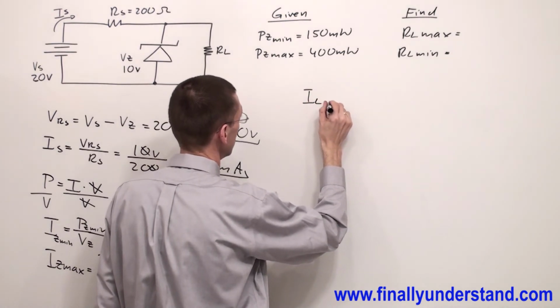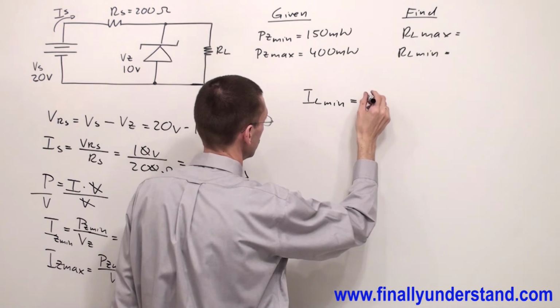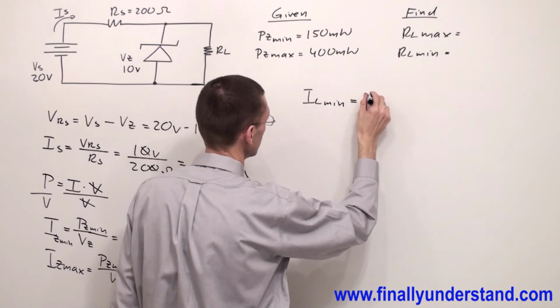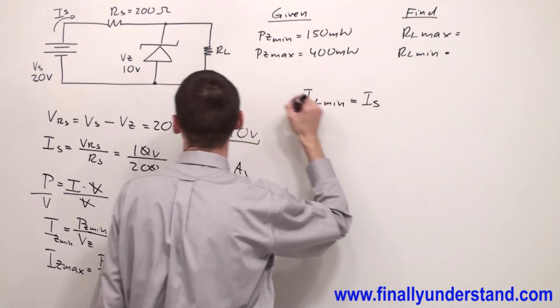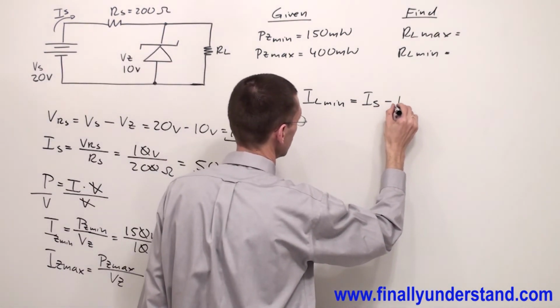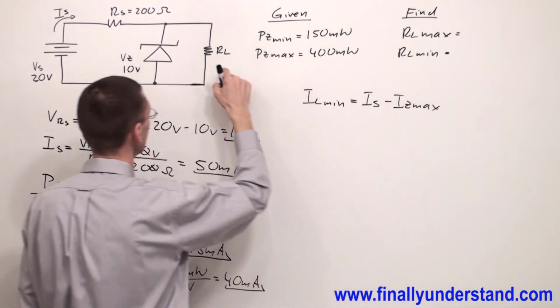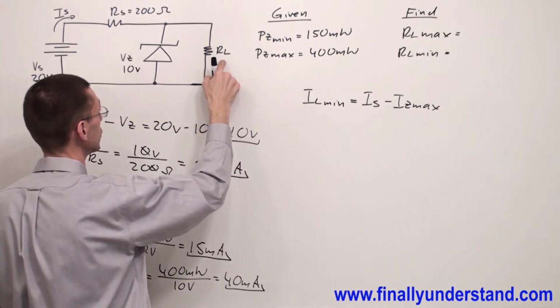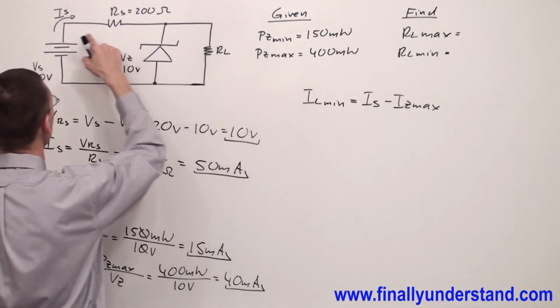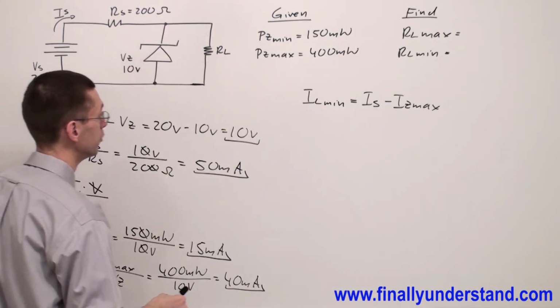IL minimum is going to be found by finding the difference between I source and IZ max. Remember, in order to find the minimum current which goes through resistor RL, you're supposed to subtract IZ max from IS, and you will find IL minimum.